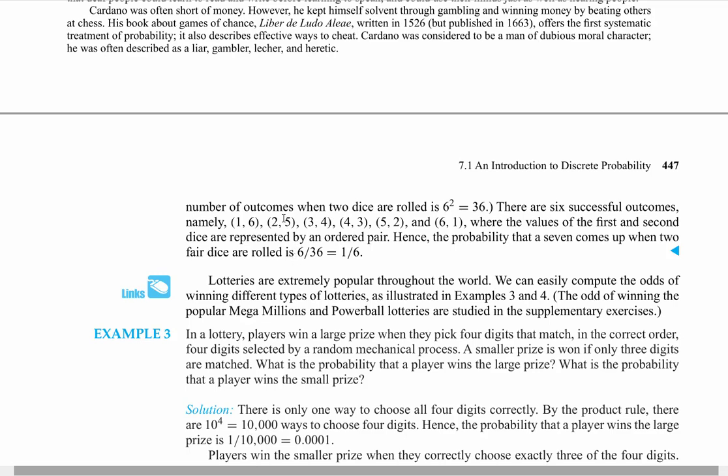So the cardinality of E is 6, and the answer is 6 divided by 36. Cancel 6's, that's 1 over 6. So the probability that you get a sum of 7 from rolling 2 fair dice is 1/6. So fairly unlikely.